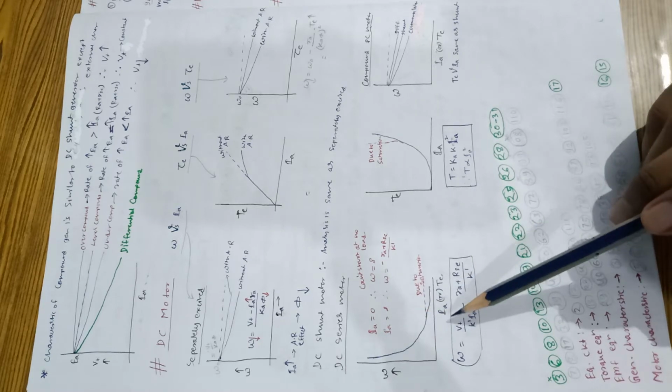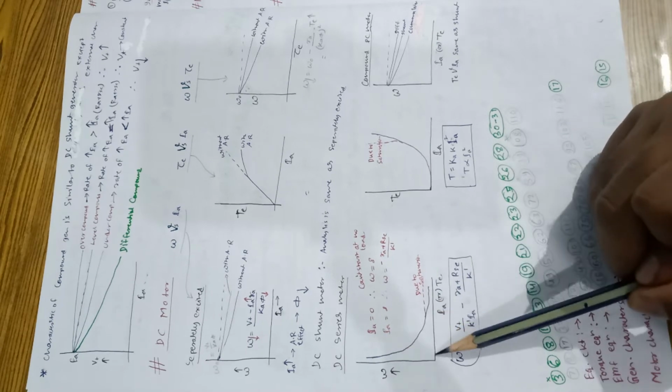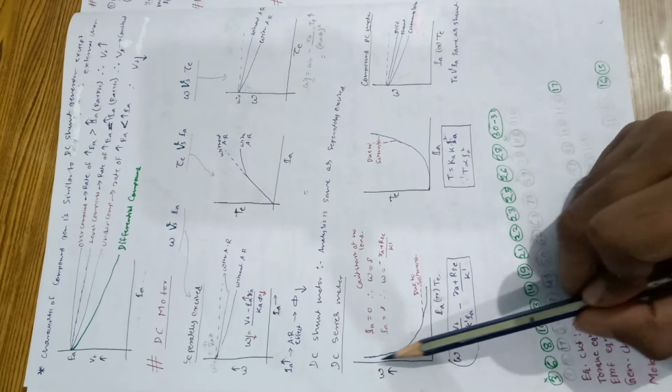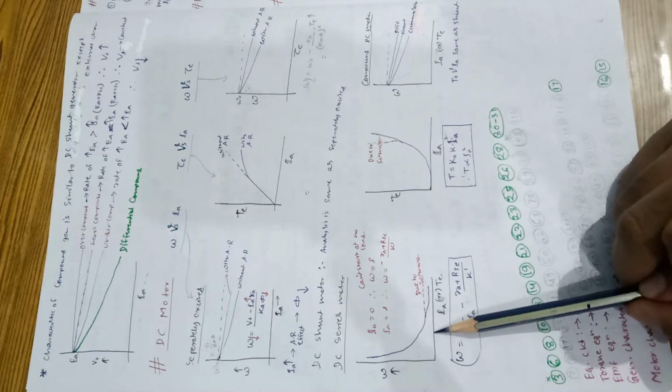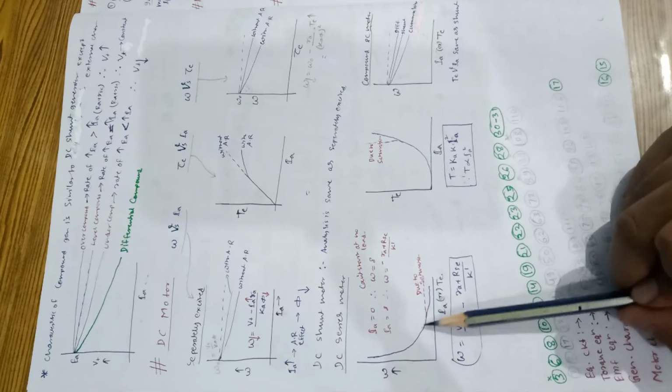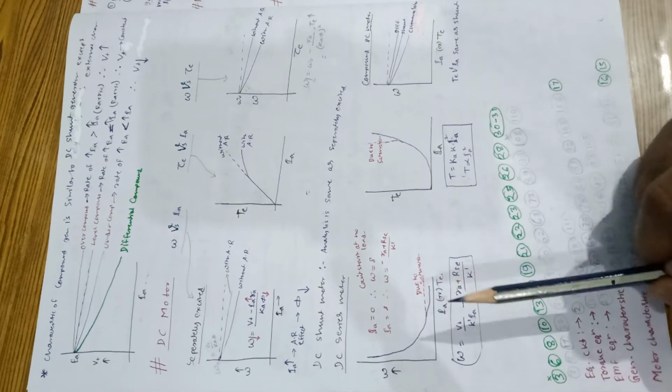We cannot operate the motor. At zero IA and torque, we have infinite speed, and as we keep on increasing the torque or armature current, speed will start to decrease.